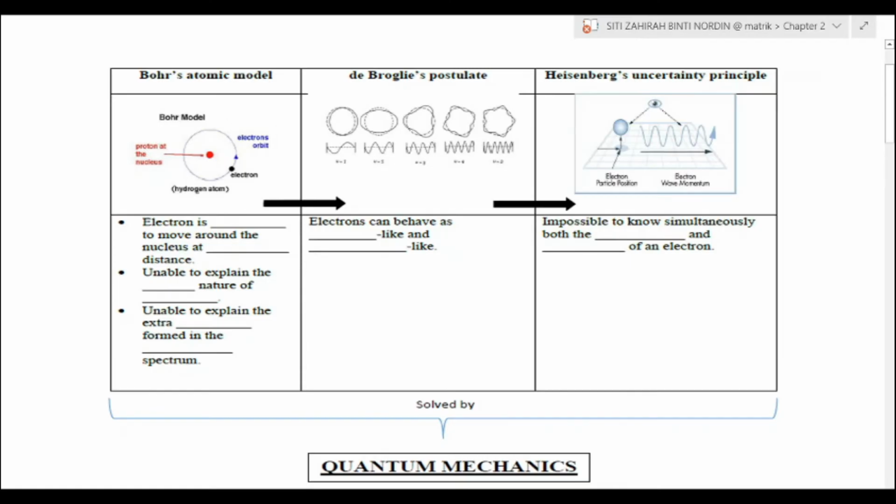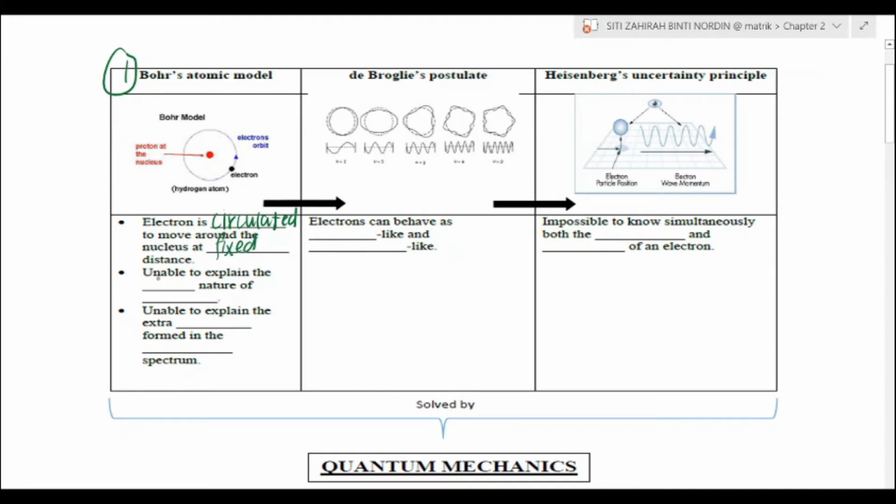For 2.1, you've been introduced to three models of electron. The first one is Bohr's atomic model. In Bohr's atomic model, the electron is circulated to move around the nucleus at a fixed distance.